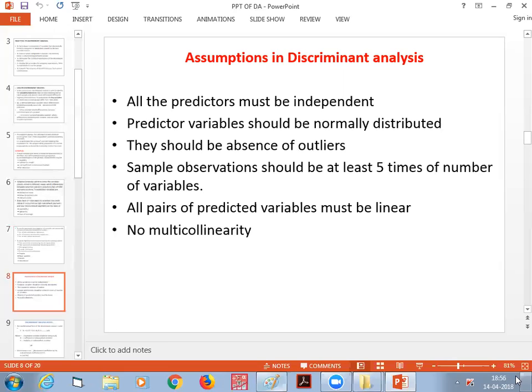There should be an absence of outliers. Outliers mean they are not belonging to that relevant group, so they are considered outliers. Clear? Outliers obviously hamper the model, so outliers should not be there. We have to identify them. If outliers are there in the model, then we can remove them.